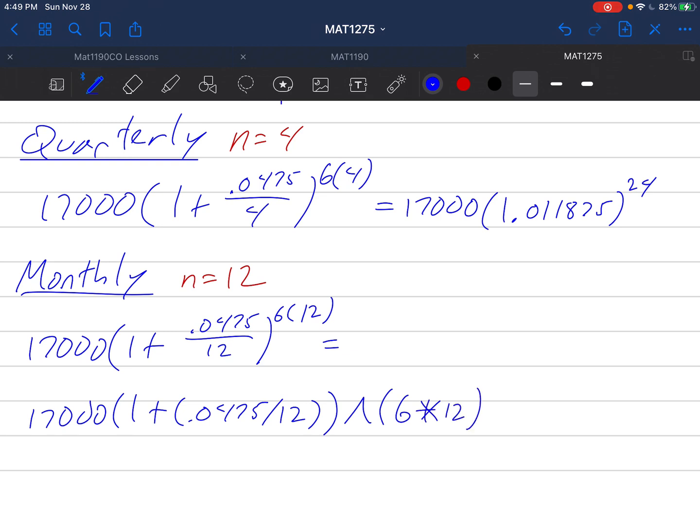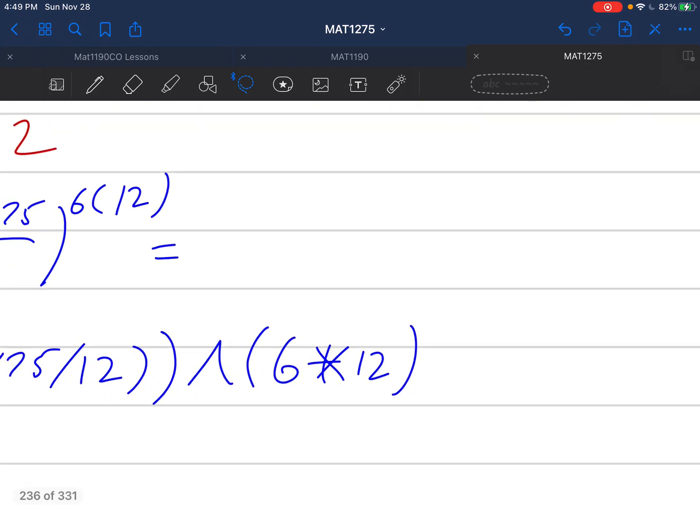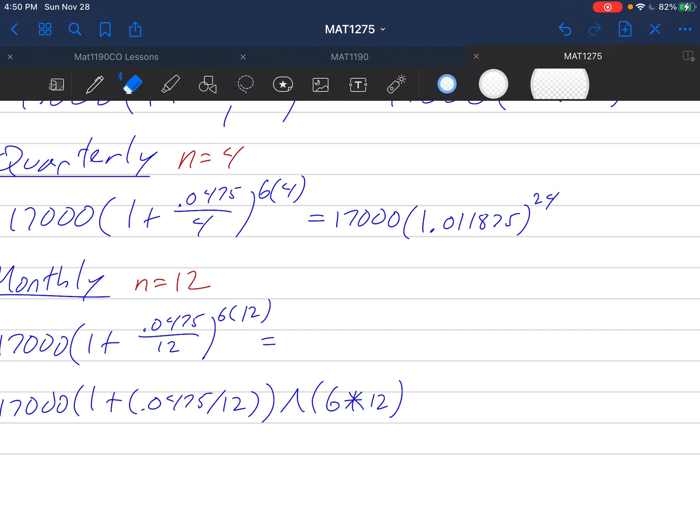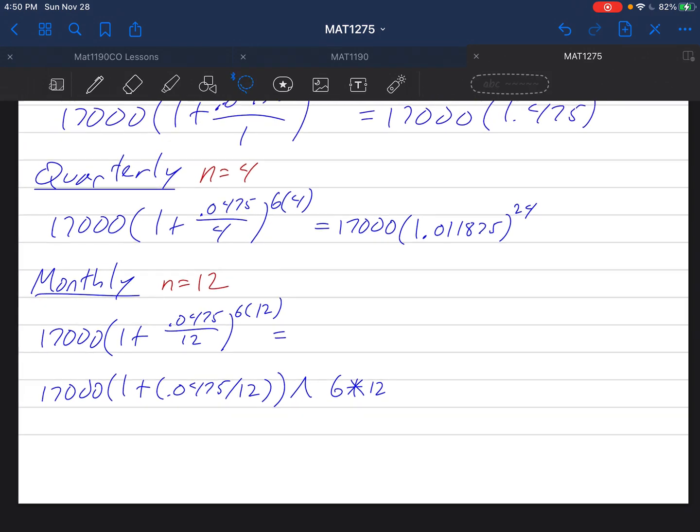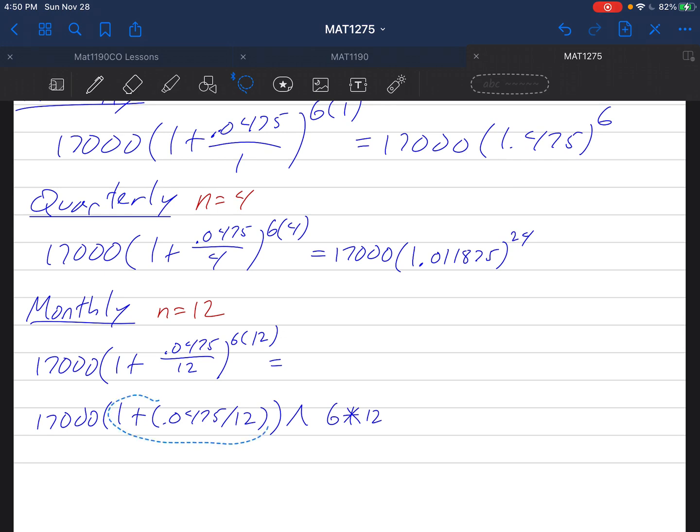Right? Because now we're telling the calculator to perform all these operations here, so that we could raise this to the 72nd power, right? Without the parentheses here, it's going to perform this incorrectly.